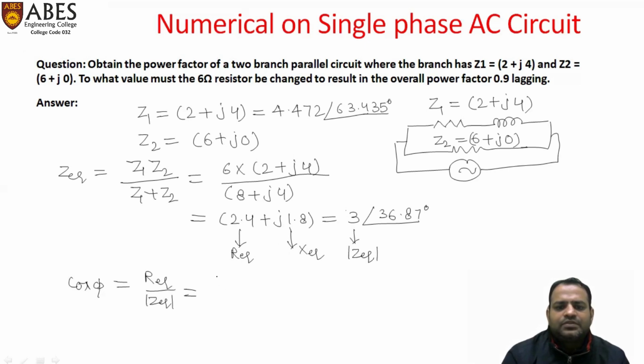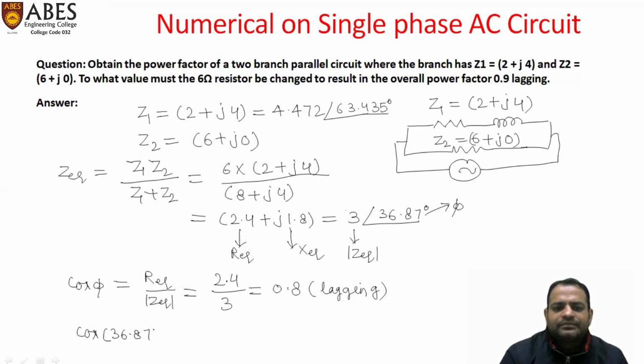So R equivalent is 2.4 and Z equivalent is 3, which is 0.8, and the circuit nature is RL type, inductive type, so the power factor is lagging. We can also find out by using this phi. So if we do cos of 36.87 degree, we also get the similar result, 0.8 lagging.